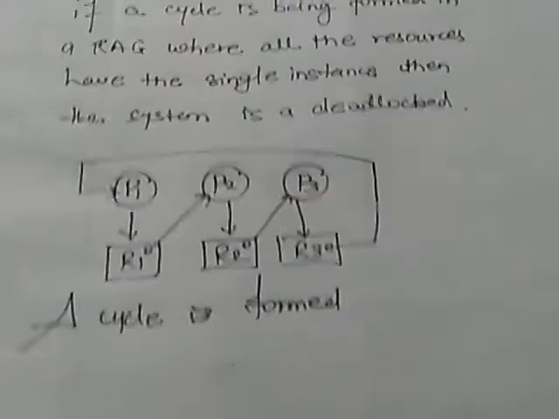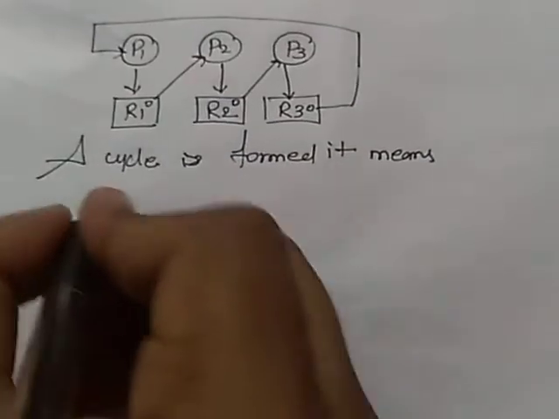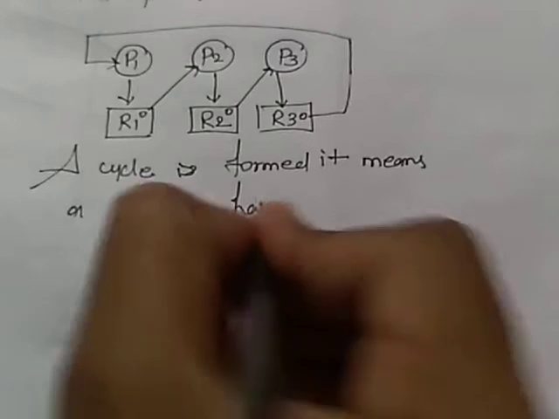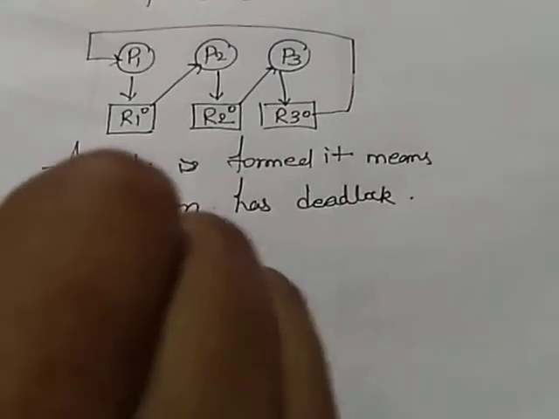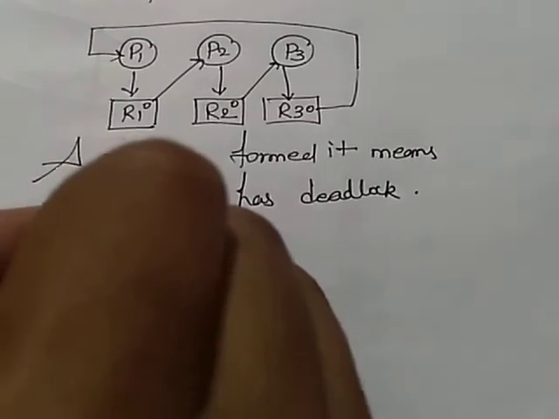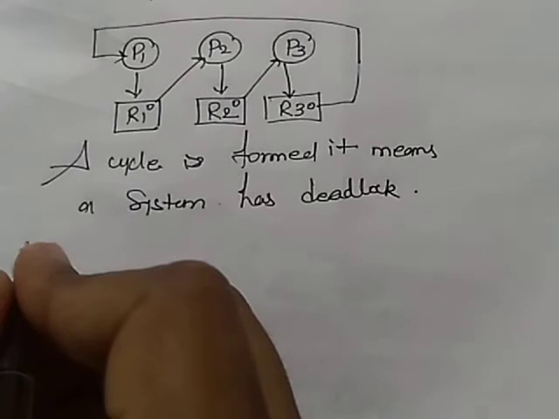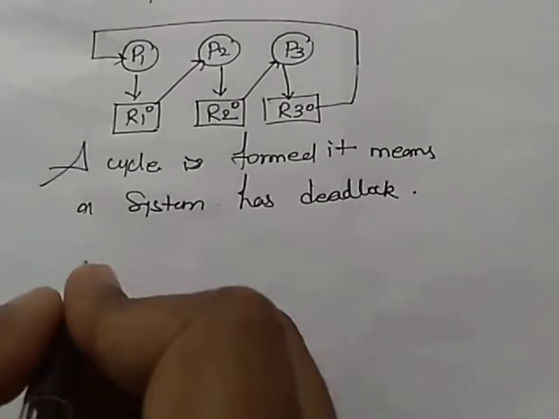It means the system has deadlock. Now in this we have to create three types of matrix.